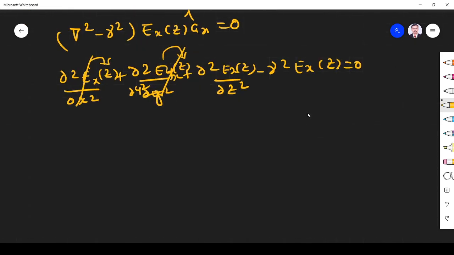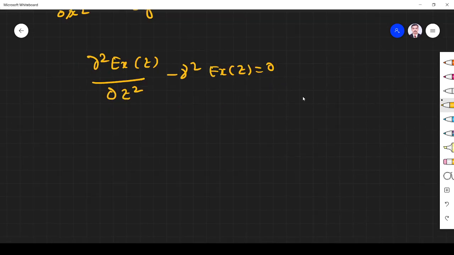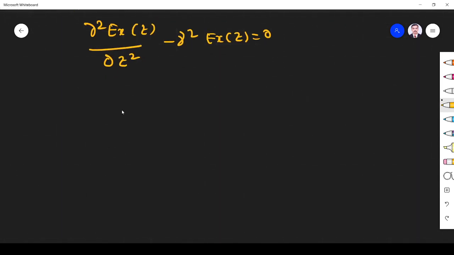So what happens? I have dou squared Ex(z) divided by dou z squared minus gamma squared Ex(z) is equal to 0. Because there is only one variable, there is no need to go for a partial differential equation.